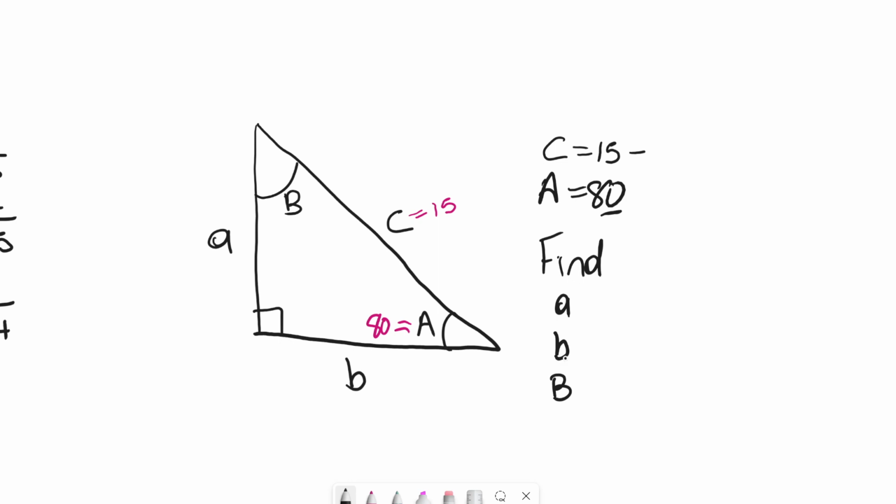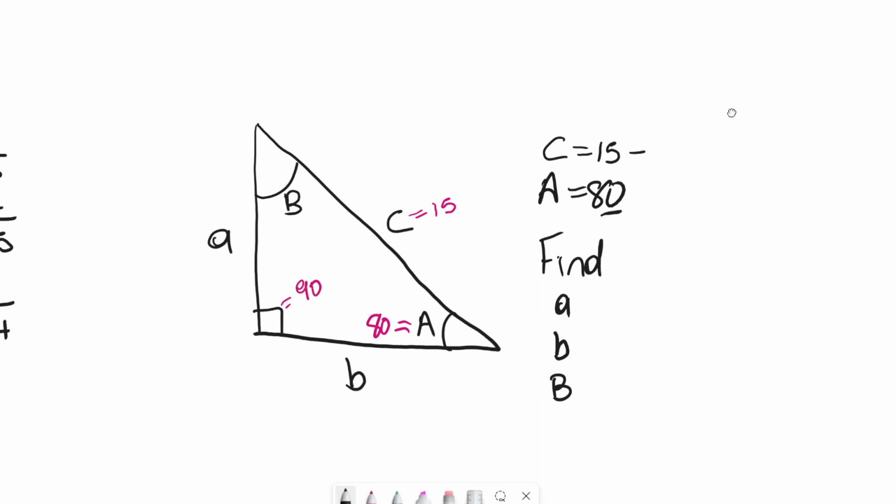Now for this, I think the easiest thing we can do first is find the missing angle. Let's see why I'm saying that. If you look here, we have a right triangle, so this angle is going to be 90. So we actually have 2 out of 3 angles.